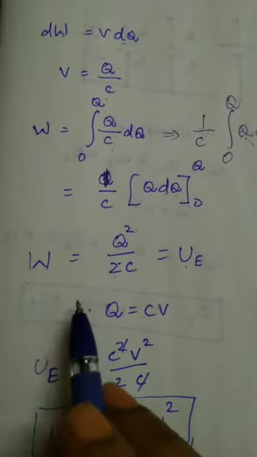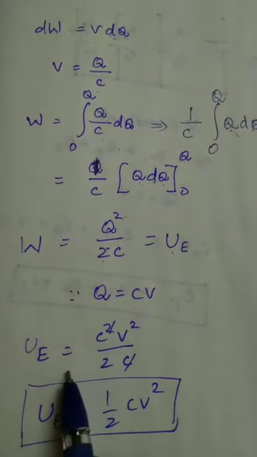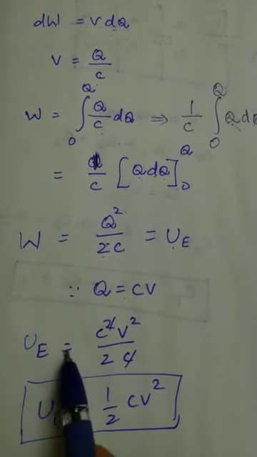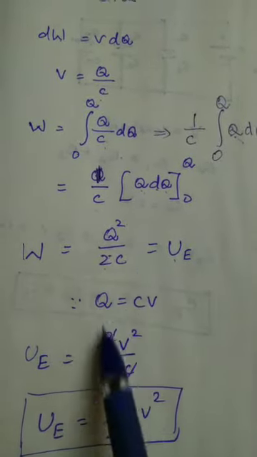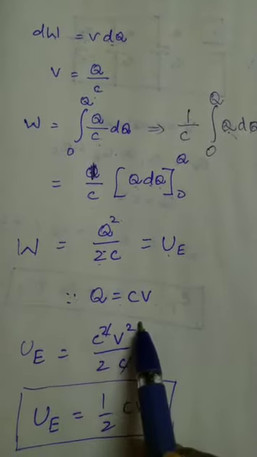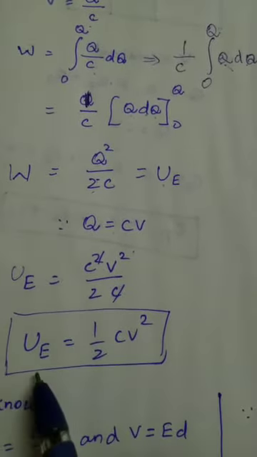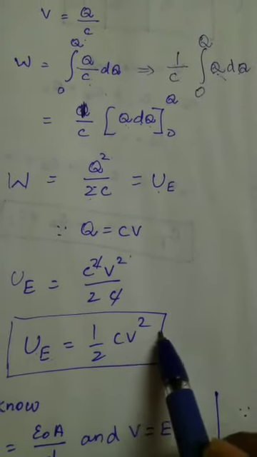And since q is equal to CV, we can find it out. Substituting here, UE is equal to q square by 2C. Instead of q square, we can put C square V square. So C square gets cancelled, and the potential energy is given as half CV square.